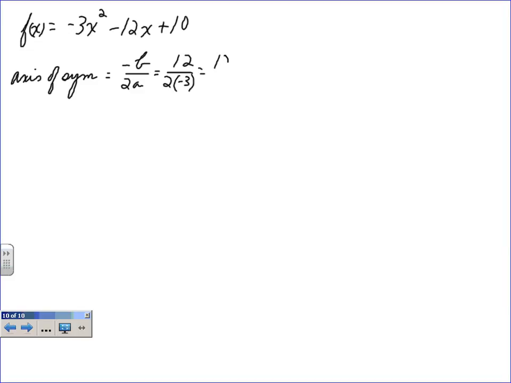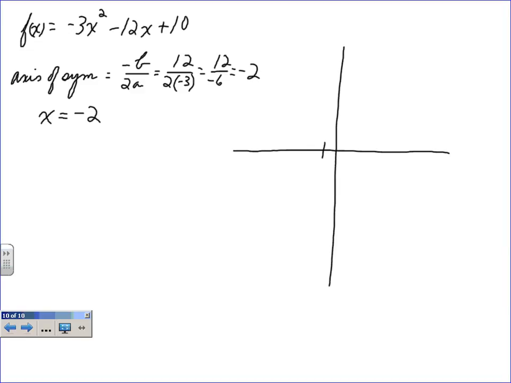And so I have 12 over negative 6, which is negative 2. So the equation of the axis of symmetry is x equals negative 2. It's that imaginary line that cuts a parabola in half. And we know it's going to open upside down.